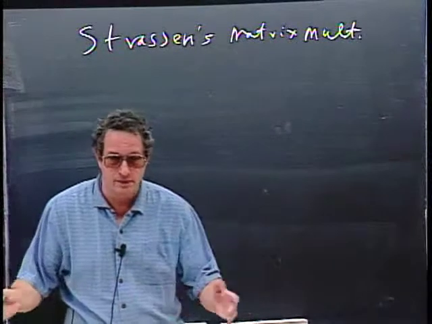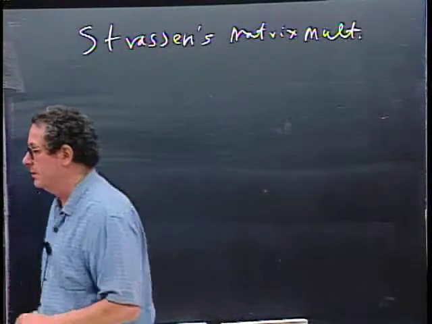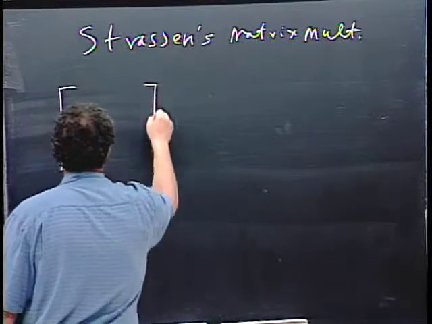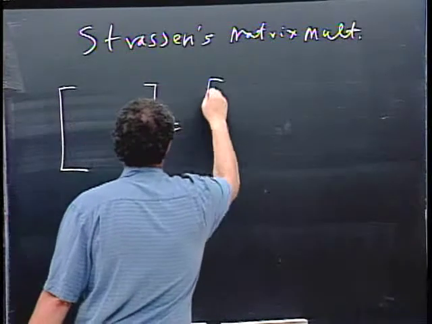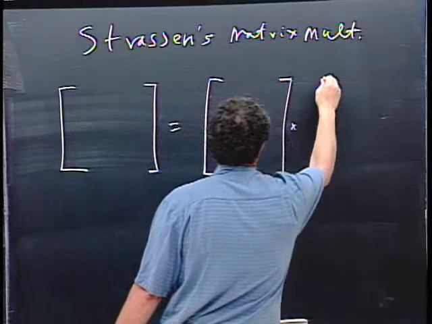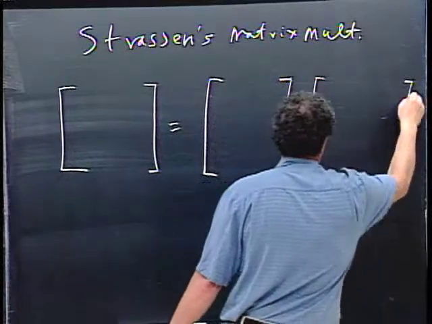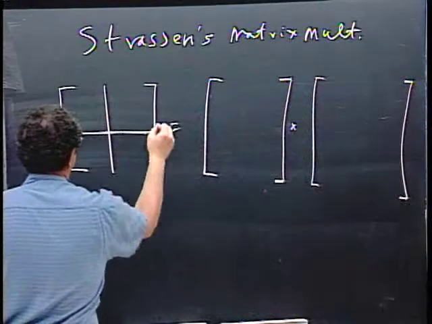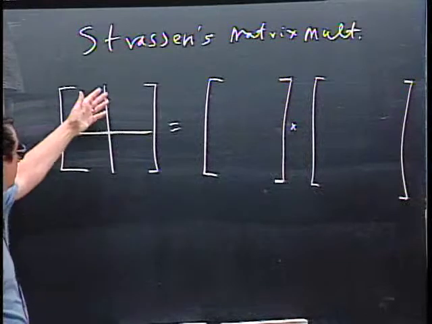And Strassen's method is a divide and conquer. So we've seen divide and conquer. This is yet another one, a very interesting one, where we're going to think of submatrices and multiplying submatrices. Okay? So the division here is a division into 4 submatrices.